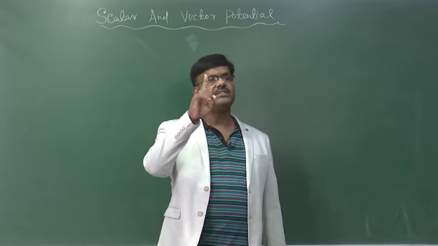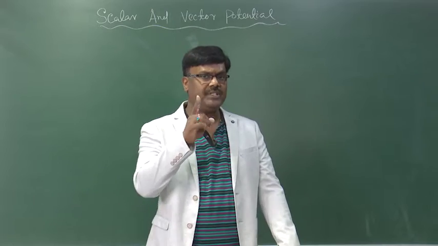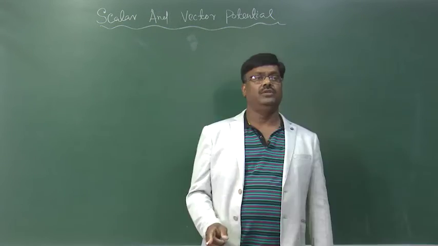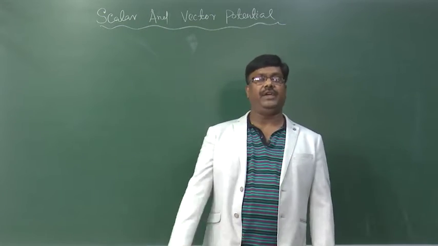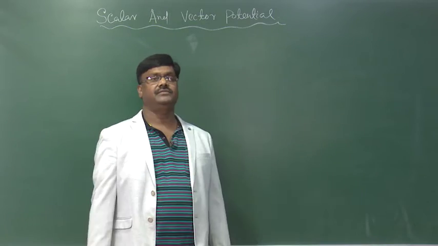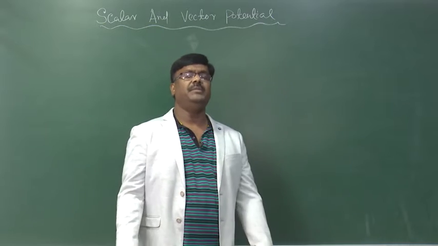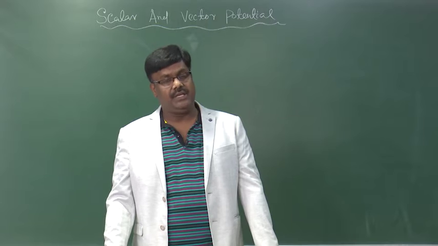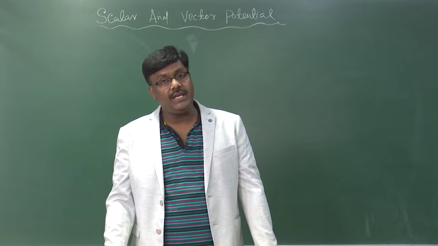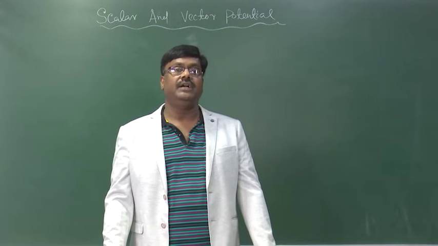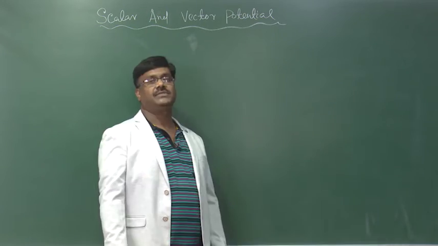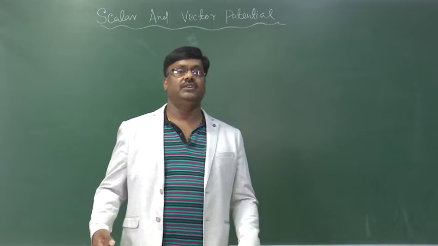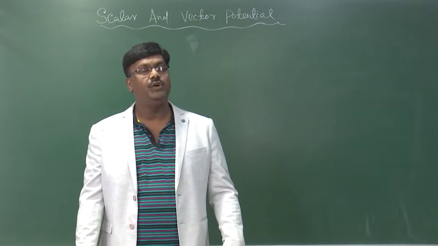The divergence of a vector field will be 0 only when the vector field is the curl of another vector function. So, grad dot B will be 0 only if B vector equals grad cross A vector, where this A vector can be termed as the magnetic vector potential.